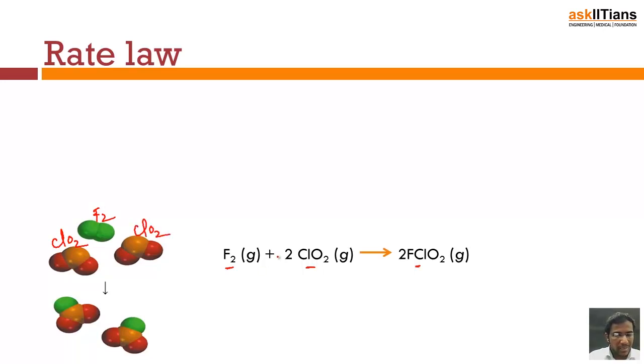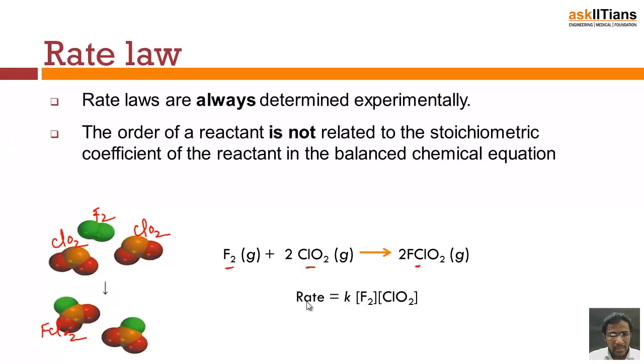So 1 mole is reacting with 2 moles and it is giving 2 moles of FClO2 molecule. So the rate of this reaction is expressed as rate is equal to K into concentration of F2 into concentration of ClO2.